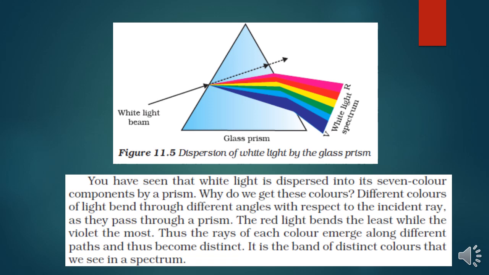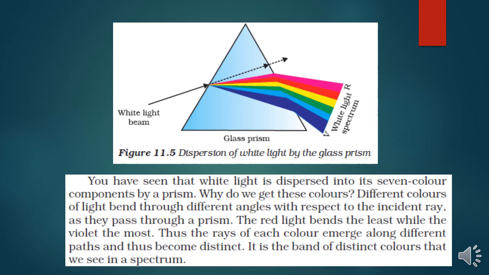Contrary to it, violet color gets the maximum bend. As you can see in the diagram, maximum deviation is of violet color. So it is obtained at the bottom of the spectrum.